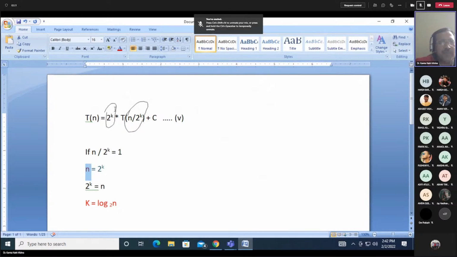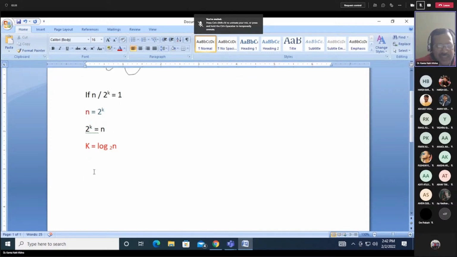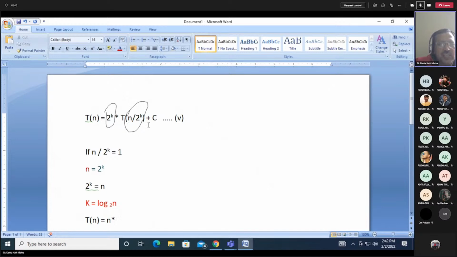At the place of 2 to the power k, what will you write? N. So then Tn is equal to 2 to the power k, which is n, into, and when you terminated, k was how much? Log n base 2.